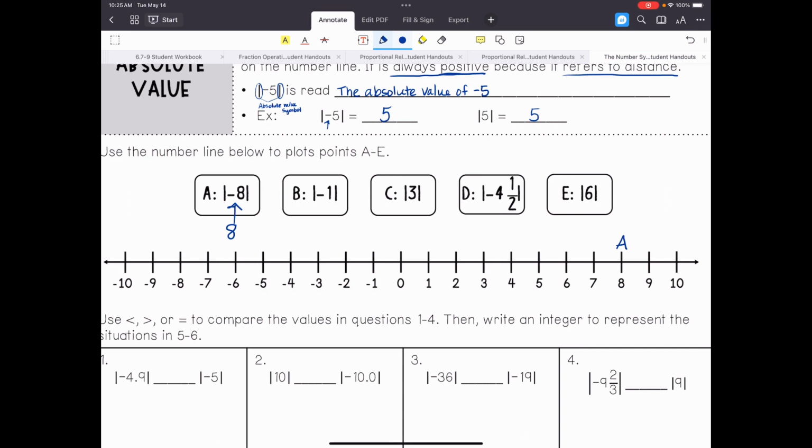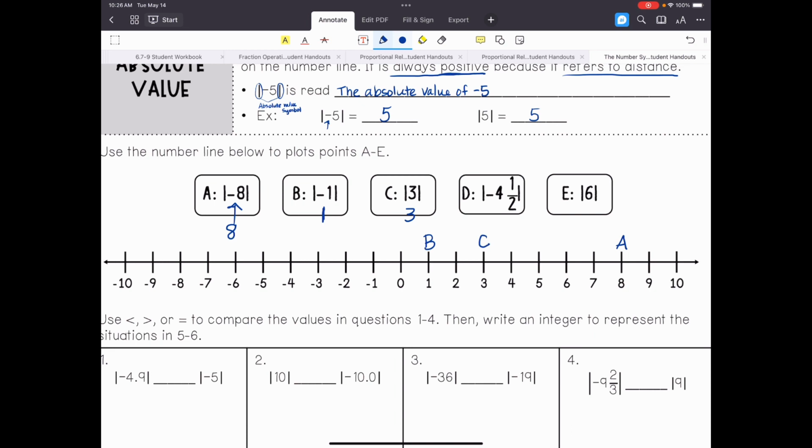So how far is -8 from 0? +8 units. Same thing for the next one. B, -1 is 1 unit away from 0, so I'm going to put B at +1, because the absolute value will always be positive. The distance from 0 for 3 is 3 units, so C goes at 3.